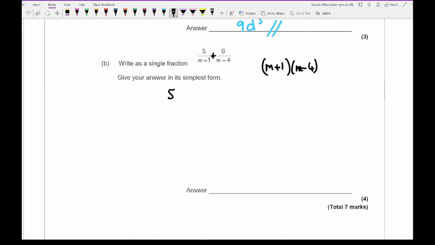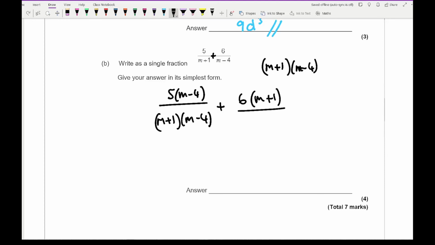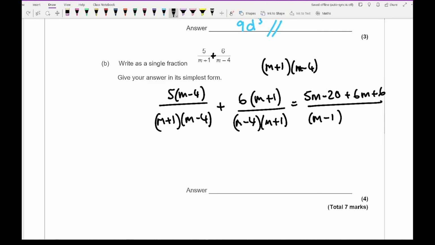So the first fraction, I multiply that by m minus 4 over m plus 1, m minus 4, plus 6 lots of m plus 1 over m minus 4, m plus 1, and then combining the two numerators together, I've got 5 lots of m minus 20 plus 6m plus 6 all over m plus 1, m minus 4.